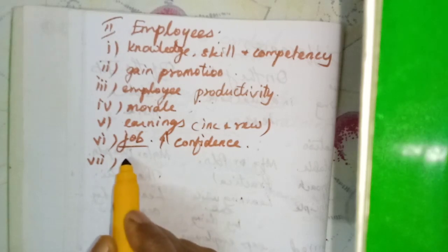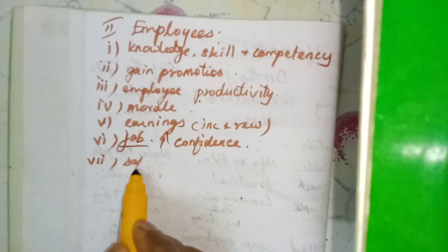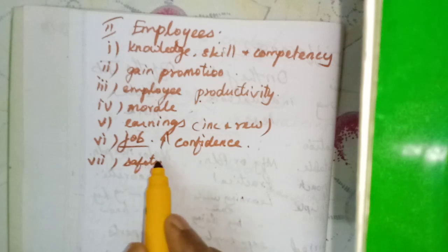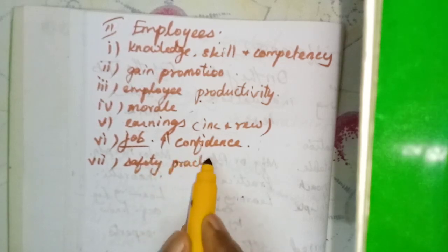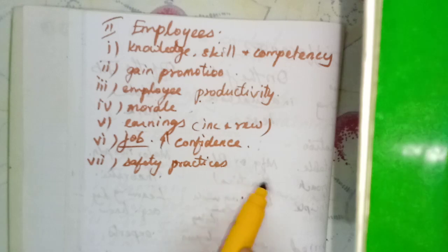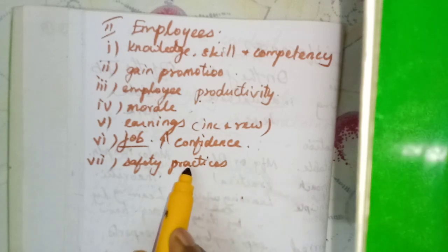And it is helping him to observe the safety practices. We have studied there, it reduces accidents. How? Because he observed the safety practice, how to safeguard himself if an accident takes place. Okay, if he is working in a dangerous situation, how to overcome that dangerous situation will be taught to him.